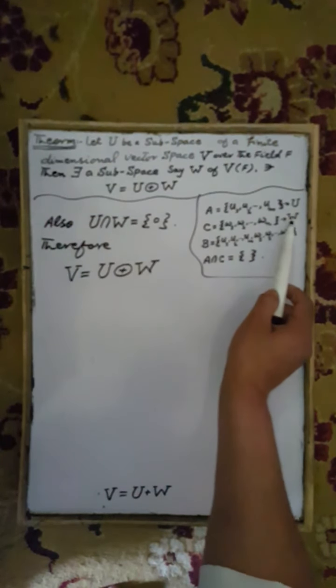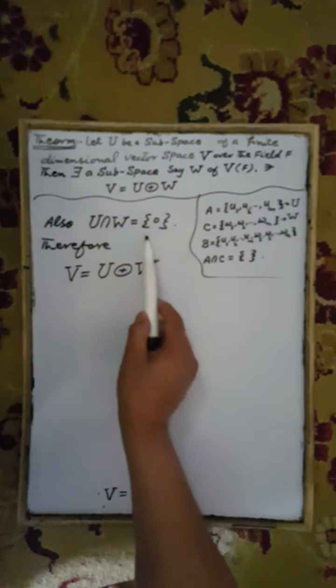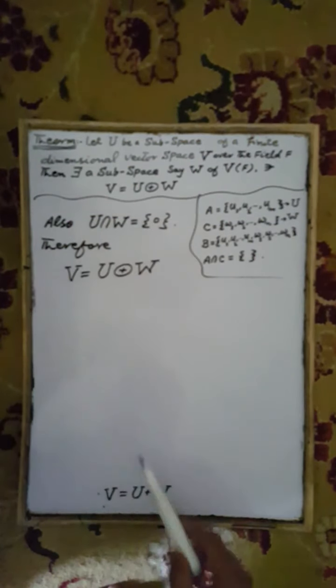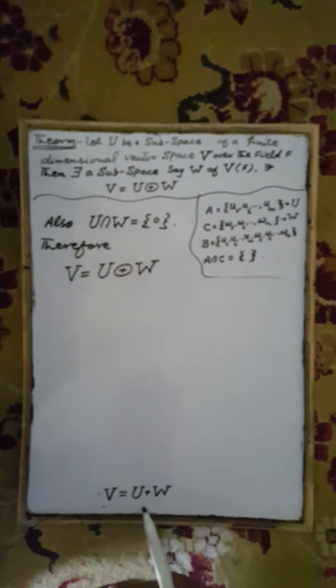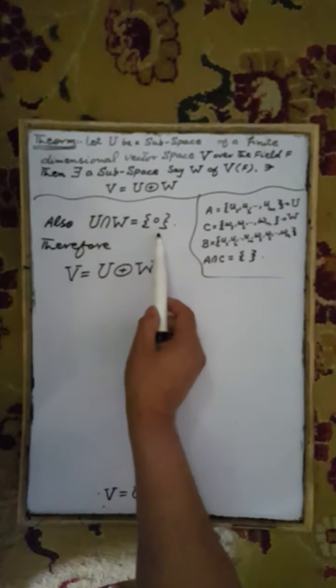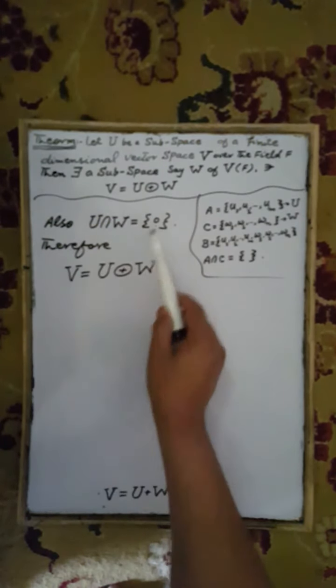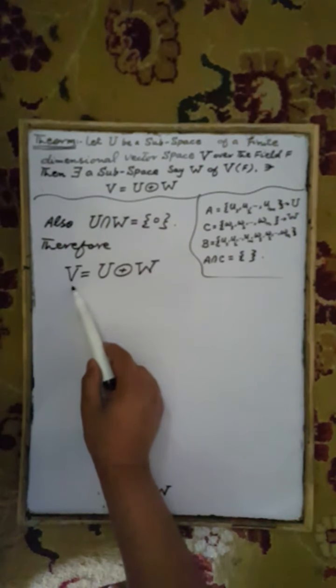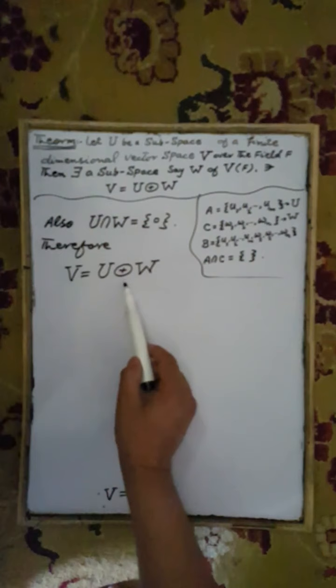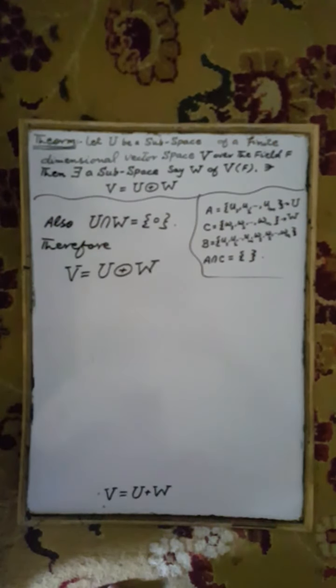Therefore, only the zero vector is common in these two subspaces, and from the result, V is the sum of U plus W, and U intersection W is equal to the zero vector. Combining these two results, we conclude that the vector space V is the direct sum of the subspaces U and W.